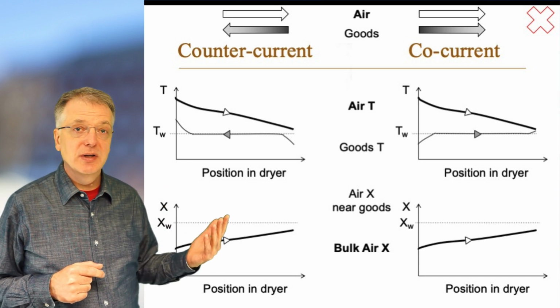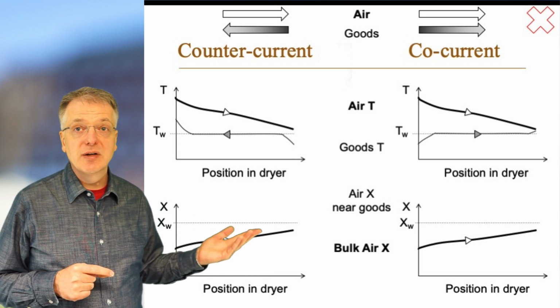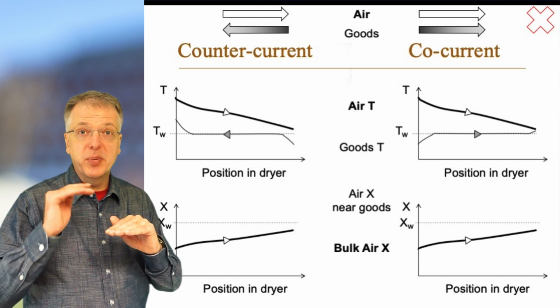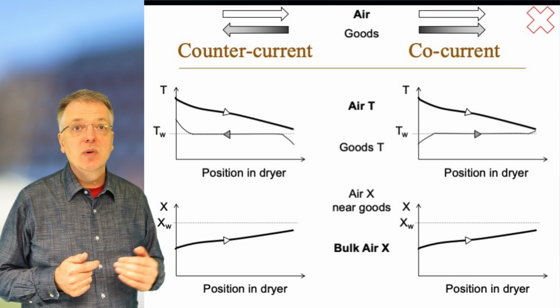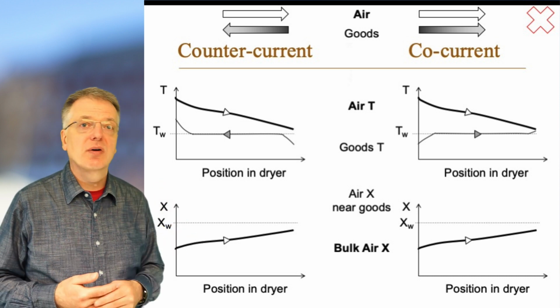In the falling rate period, evaporation will be slower, and thus the drying rate will be slower, and the drying goods will begin to heat up above the wet temperature. How much and how rapid will depend on the remaining moisture and the temperature and moisture of the air.